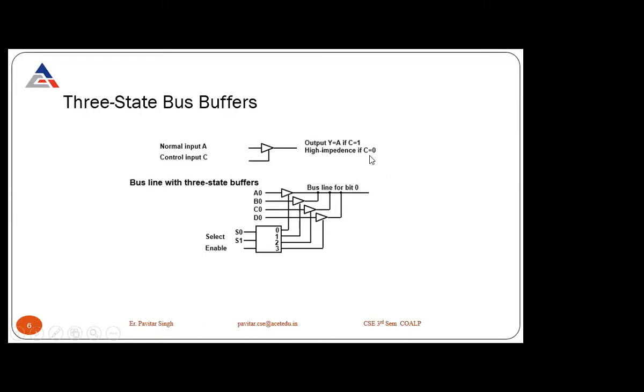And if the value of C is equal to 0, your circuit will be in high impedance state.